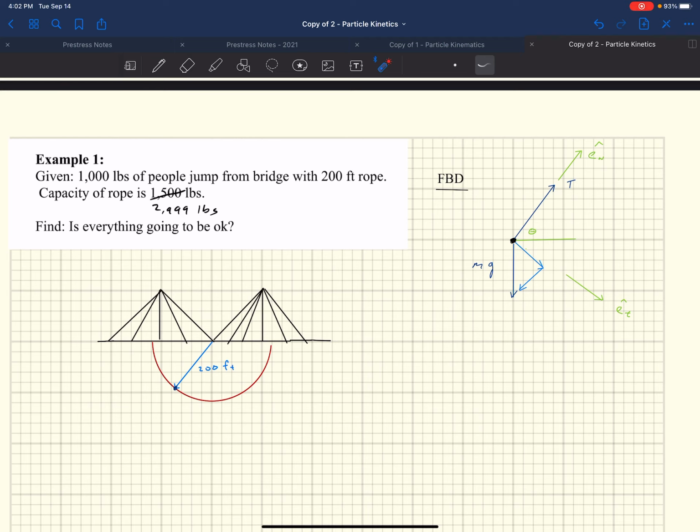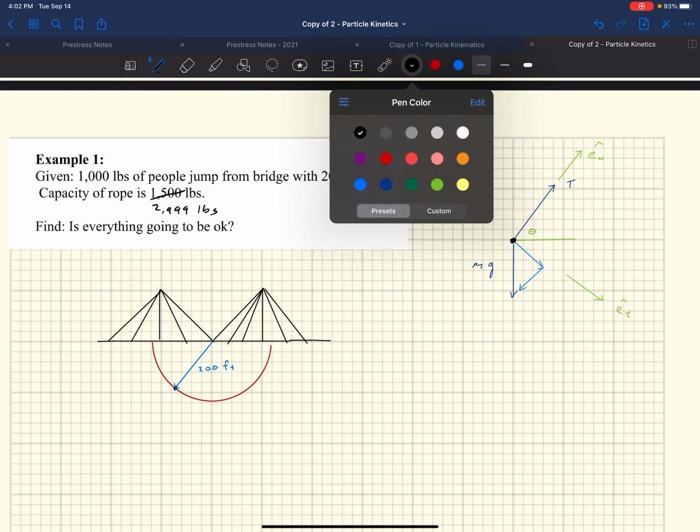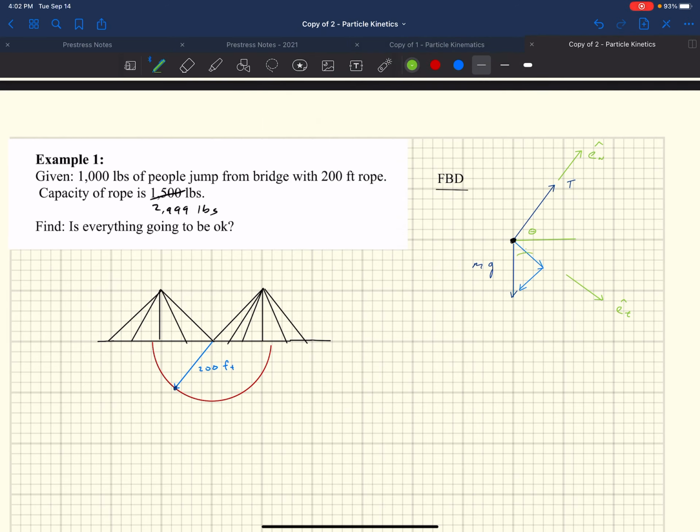And so sometimes I like to do that and label all the key angles. That'll be an angle theta right there. Right? It's going to be theta, not theta. Okay, and so mass times gravity, we're going to have a component that way and a component this way.